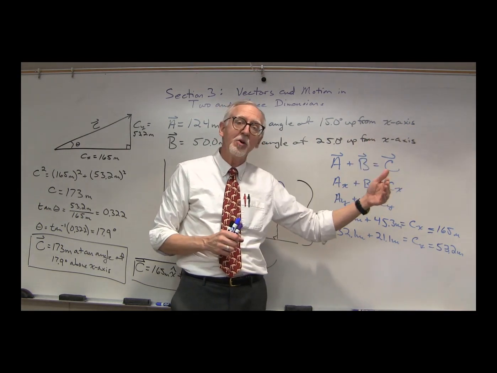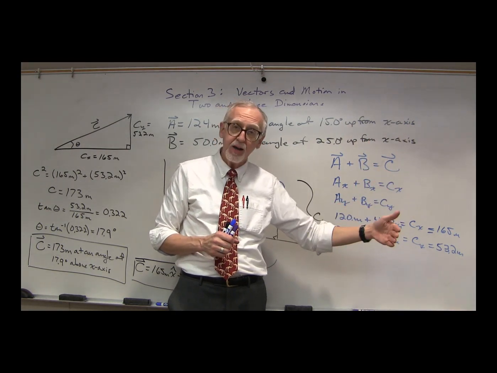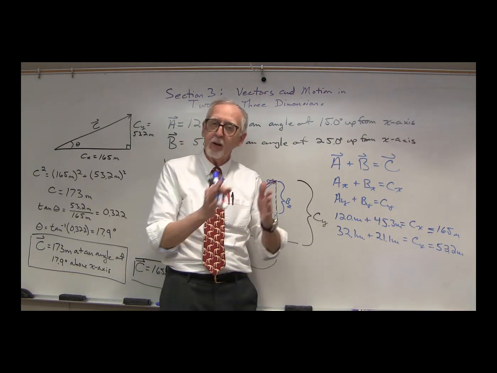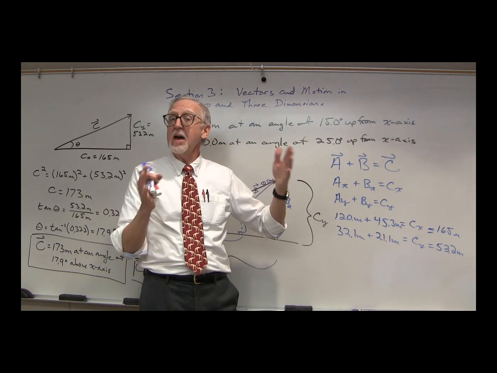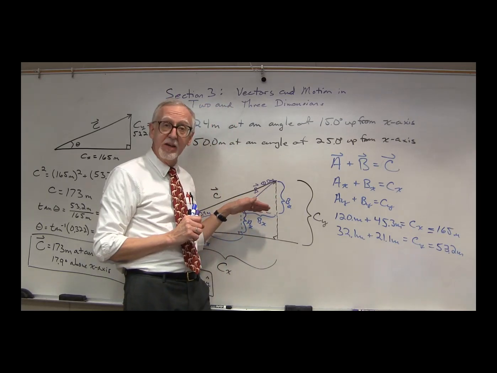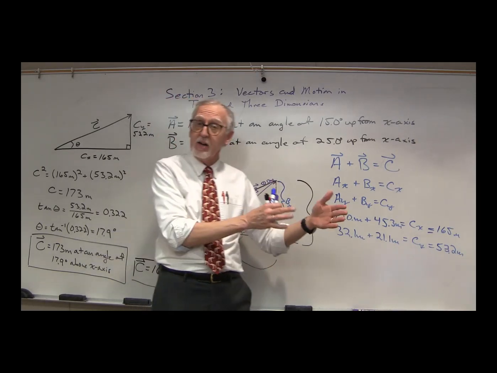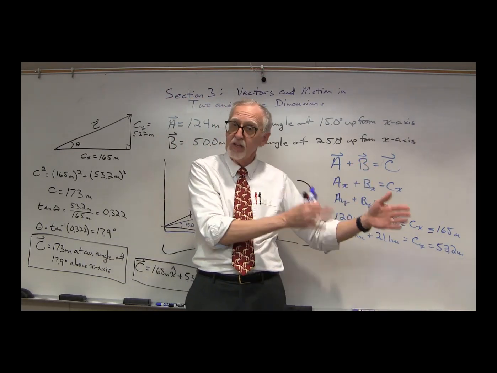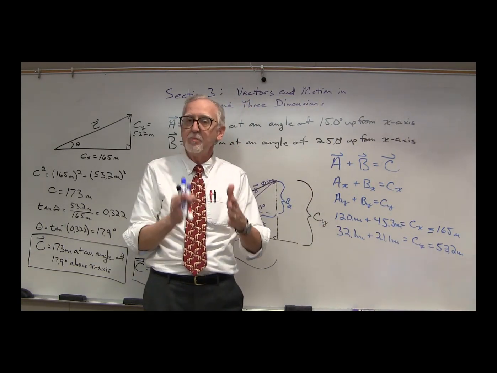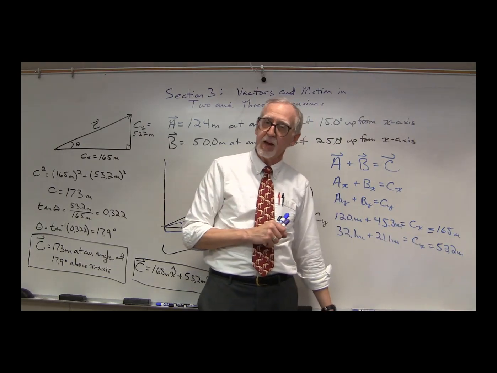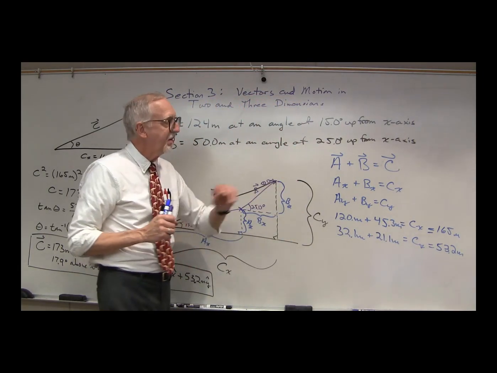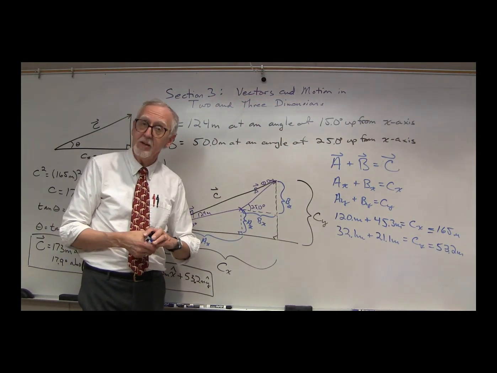And then the y component of the sum, F sub y, would be AY plus BY plus CY plus DY plus EY, added up as many as we want. And if in general this was in 3 dimensions, we would have the z component of the sum, F sub z, would be AZ plus BZ plus CZ plus DZ plus EZ, as many as we had. So this is very, very easily extended to 3 dimensions.